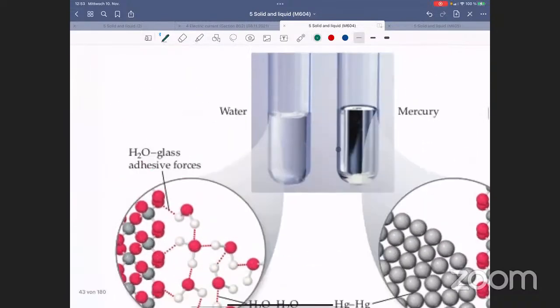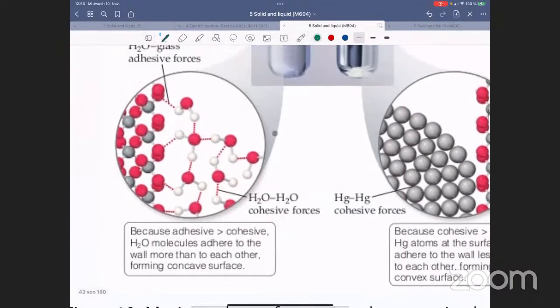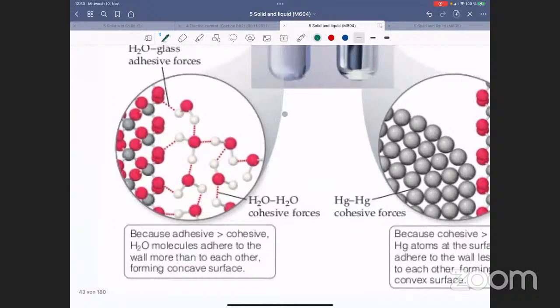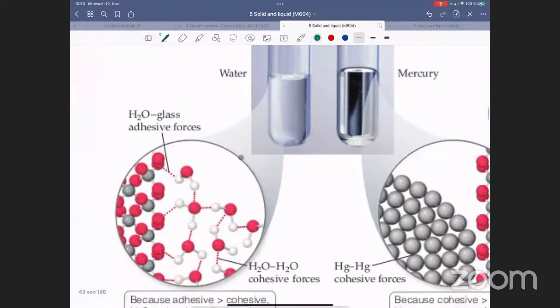And you can see here that the shape of the liquid inside the capillary tube is going to be like this. It has the shape like this. Okay, and this one is like this, convex and concave, right?